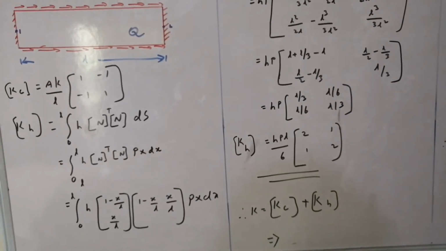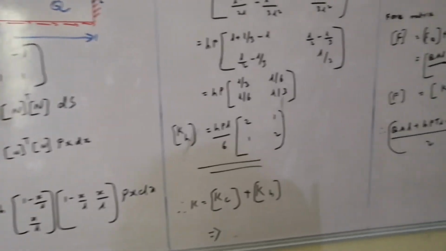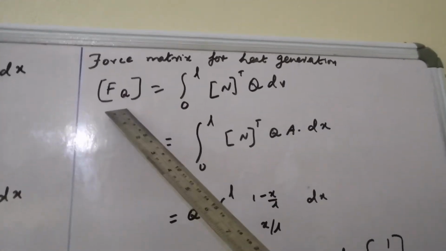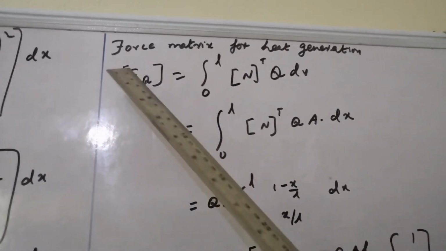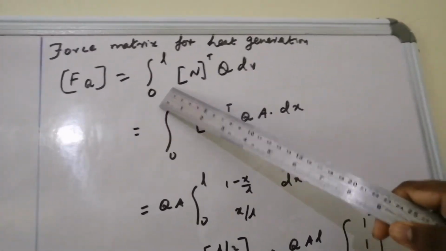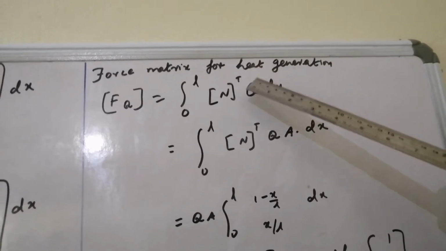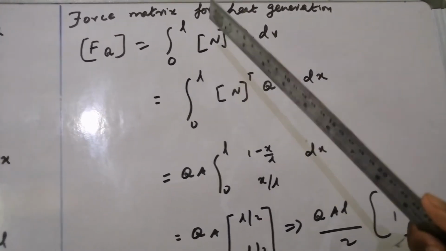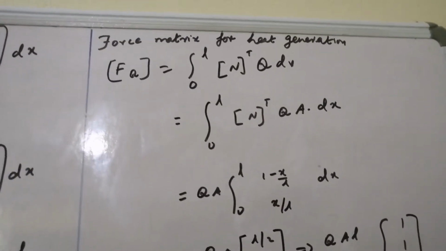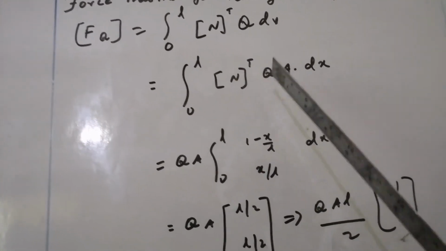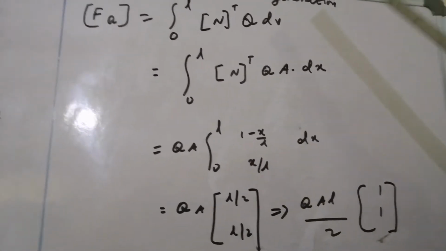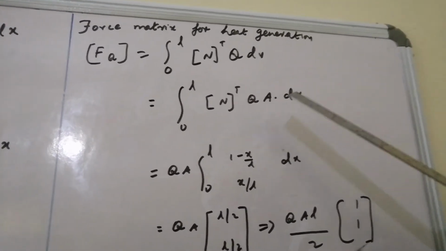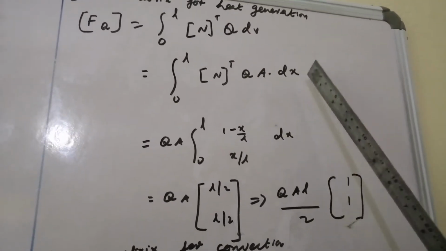So we got that section, and we are going to the force matrix for heat generation, which is FQ, where Q means heat generation. FQ equal to integral 0 to L of N transpose Q dV. And we already know what N transpose is and what the values of N are, that is 1 minus X by L, X by L. And we know that volume dV equals area into thickness, so we are converting the equation as A into dx.